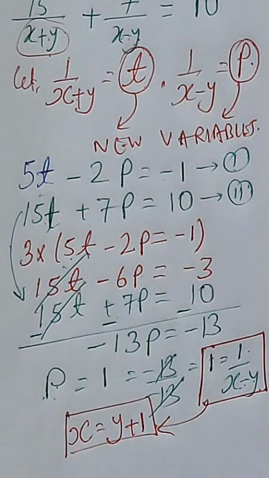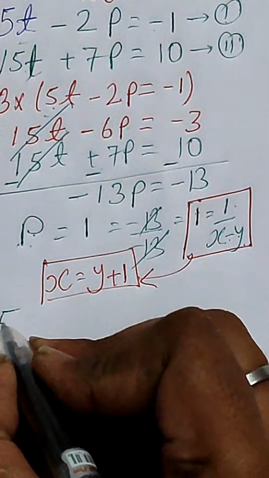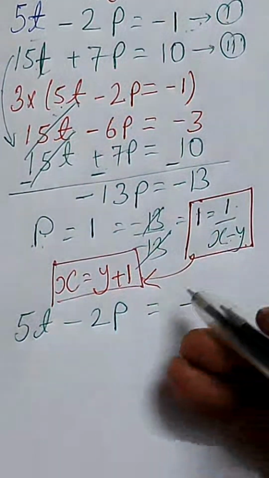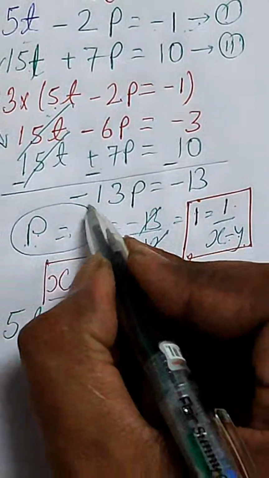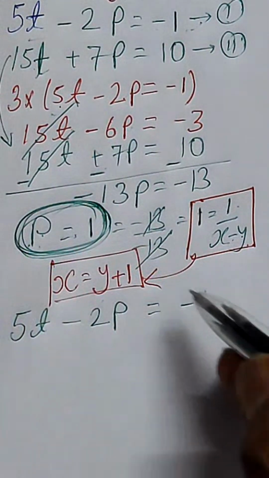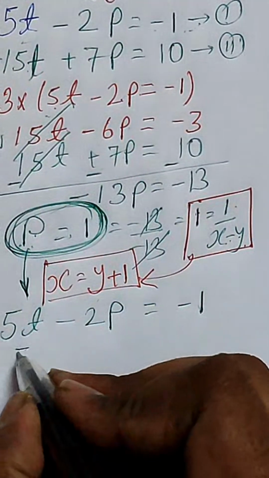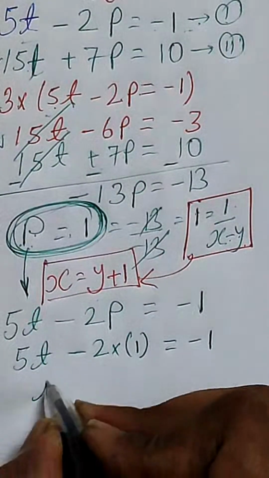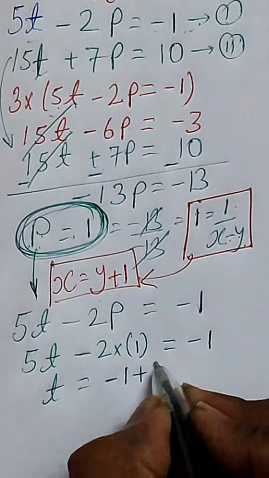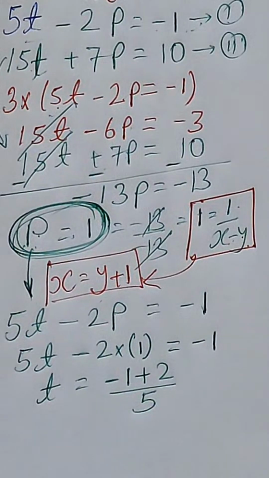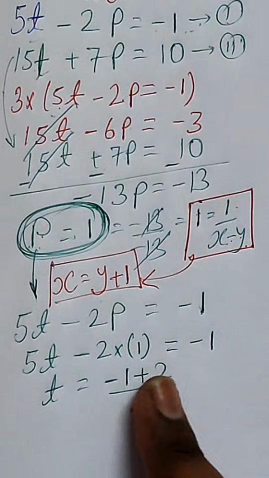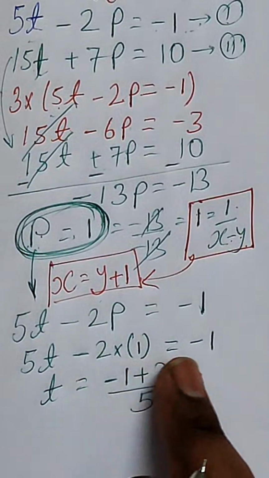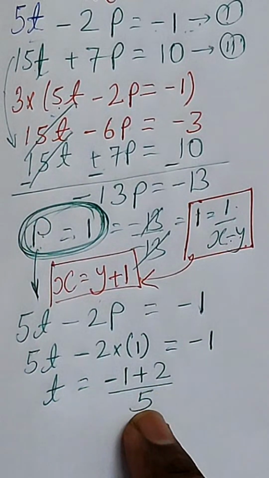So from equation number 1, that is 5t minus 2p is equal to minus 1, if we put the value of p equal to 1 over here, the equation will be looking like 5t minus 2 into 1 is equal to minus 1, and this will give you 5t equal to 2 minus 1, divided by 5, this will give you the value of t.